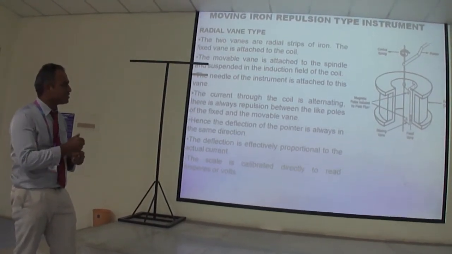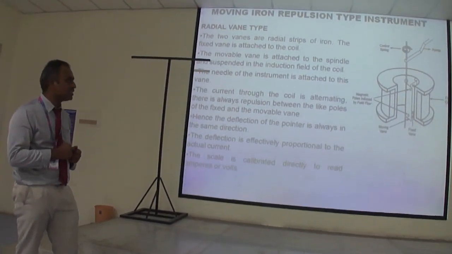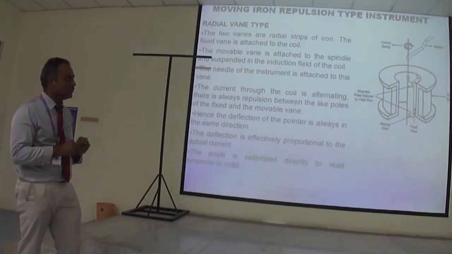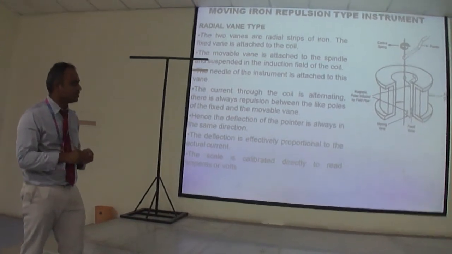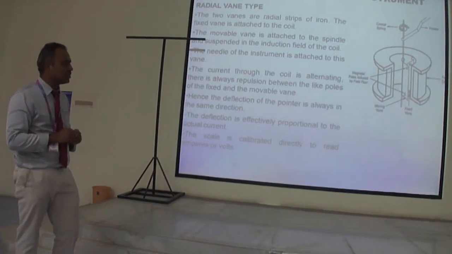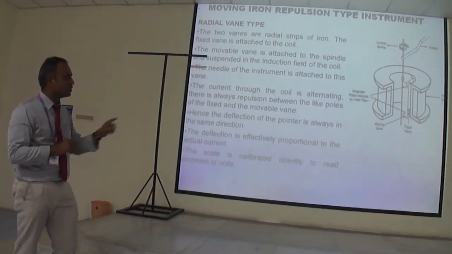Here you can observe from this diagram that like poles repel each other. The vanes are arranged for repulsion type instruments. There are two vanes. One of the vanes is attached to the fixed coils, another vane is attached to the spindle.